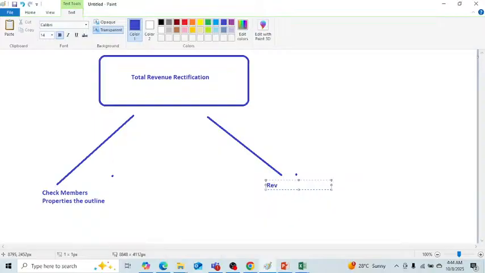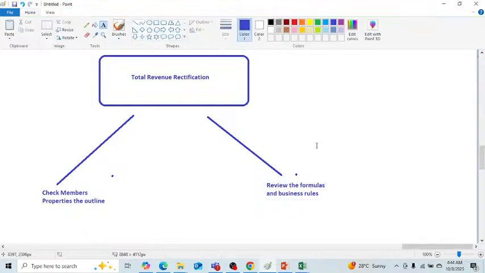You are supposed to review the formulas and business rules. So what will you do under it? Inspect revenue members. Find the parent member, Total Revenue, and its immediate child members.